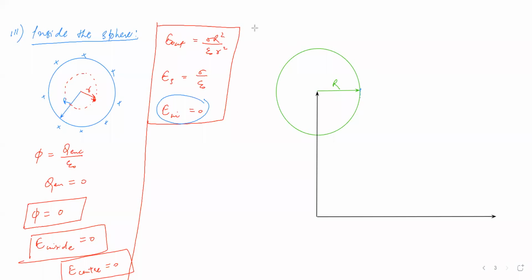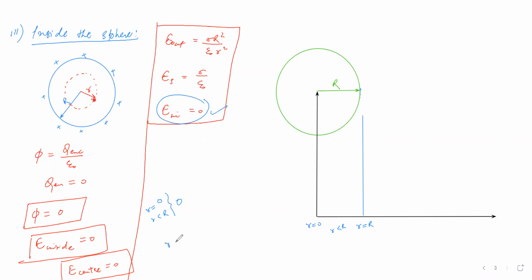Then we can draw a line here which represents sigma over epsilon naught. This is your line which lies at r is equal to capital R. This is the position where small r is 0, and this is the region where small r is less than capital R. We have already known that when r is equal to 0 and r is less than capital R, for both of these conditions your electric field will be 0, because these conditions lie inside this sphere.